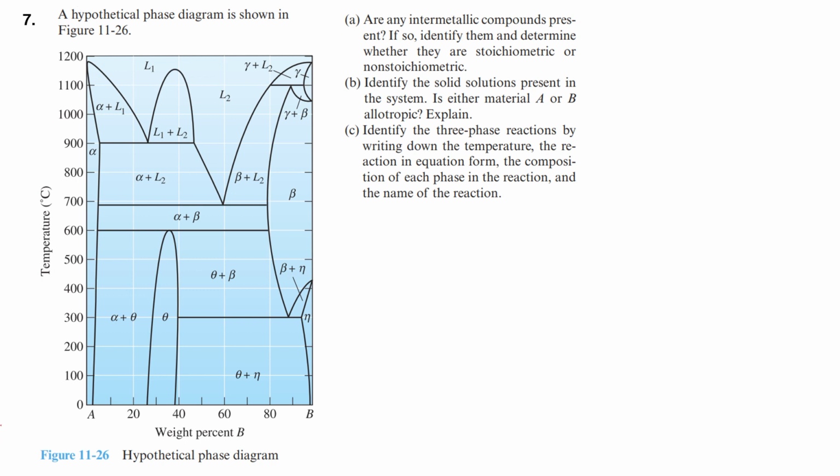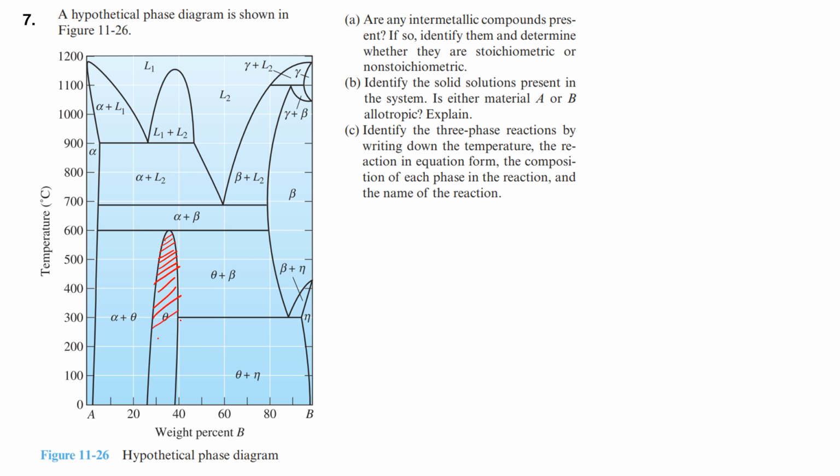First of all, between A and B, we should see if there are any vertical line compounds. We don't see any line compounds like we have seen in the previous AB and AB2 case, but rather we see some compound that is forming the theta phase.